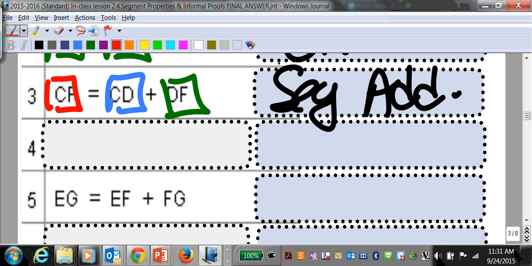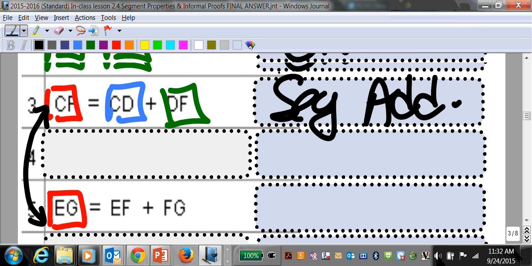Do you see, there's your red. Somehow we need to connect these guys. The problem is, step 5 and step 3 have no connection. They have nothing in common. So let's see what we can make in common.